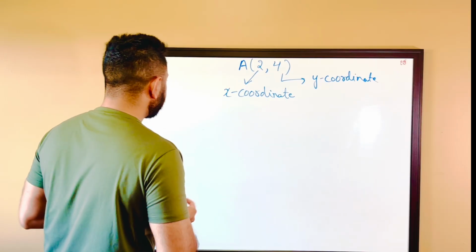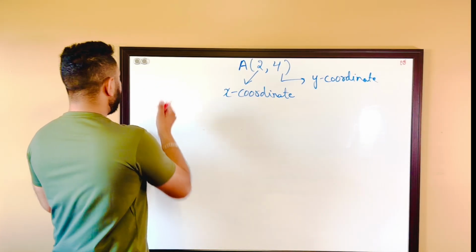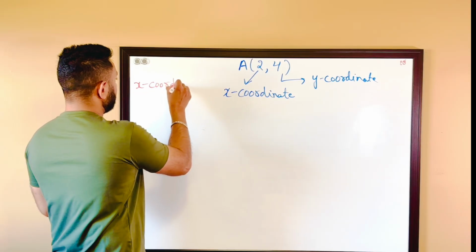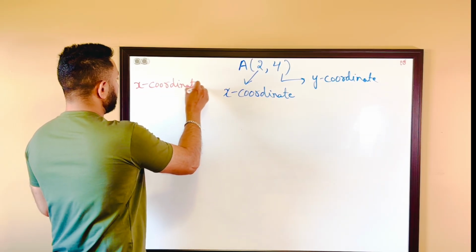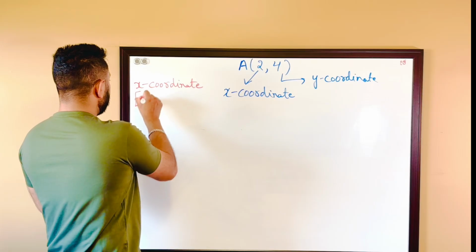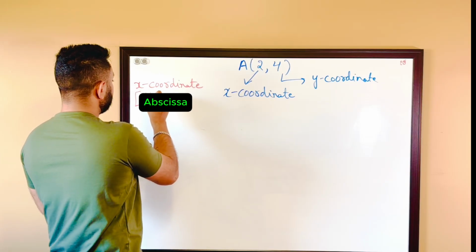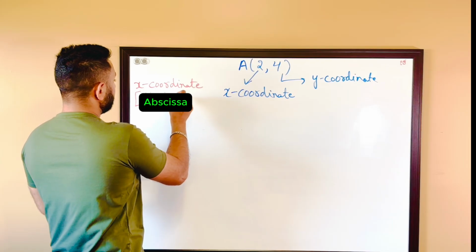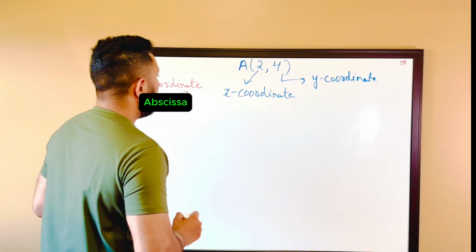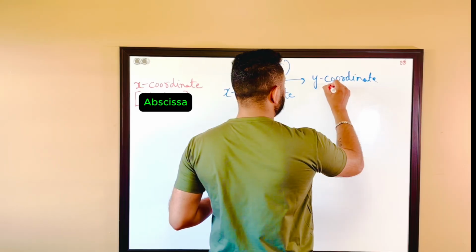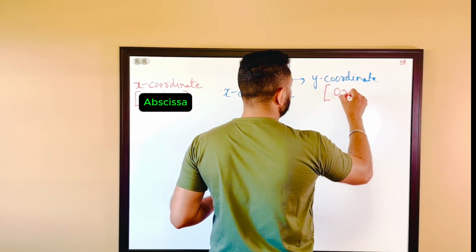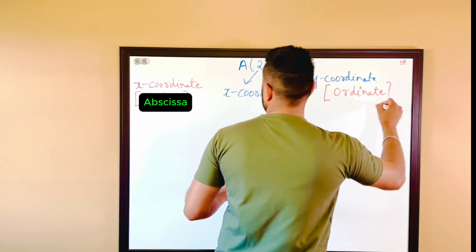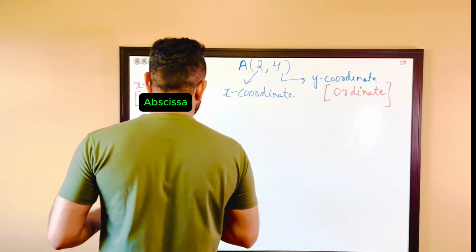And x coordinate is also called abscissa. And y coordinate is called ordinate.